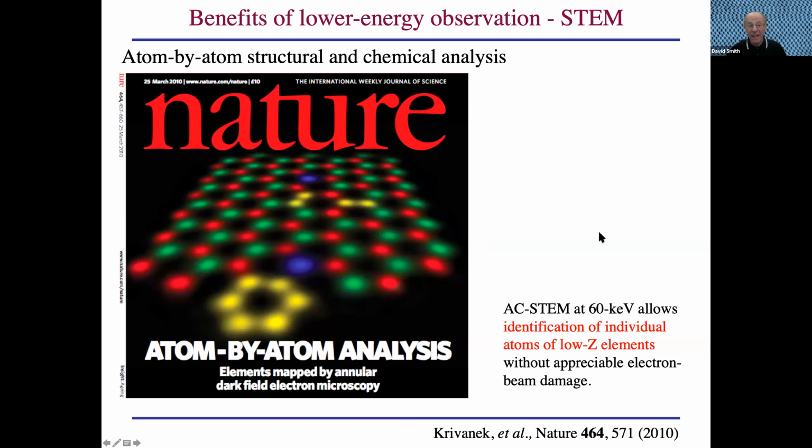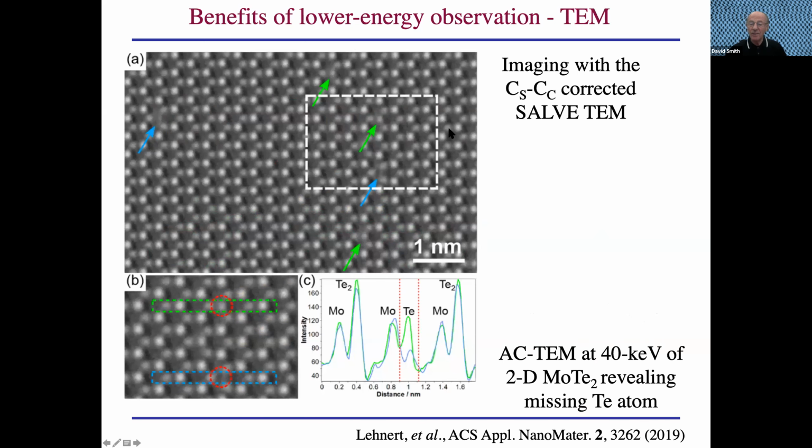But I want to point out, this is a recent result from Ute Kaiser's microscope in Ulm, where we have the SALVE project, which is a CS and CC corrected microscope. One of the problems with a lower voltage microscope is the delta E over E becomes larger.